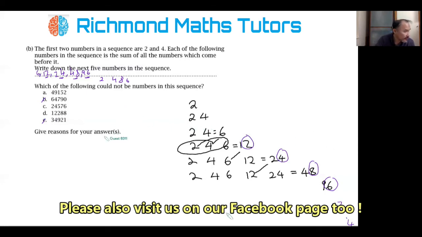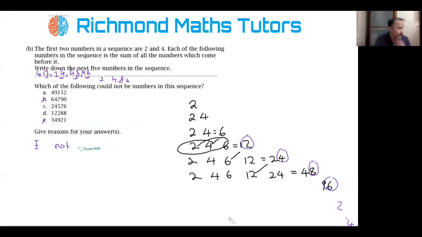So which ones could not be in the sequence? So E, which is not even.